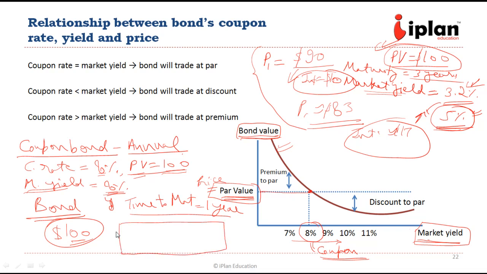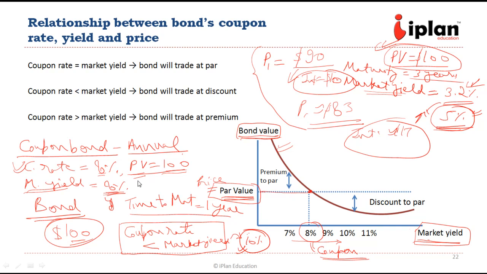Let us take another case where the coupon rate is much lower than market yield. Suppose in this case itself, the yield becomes 10%. So this is the bond which is paying you only 8% coupon, where the market expectation is 10%.